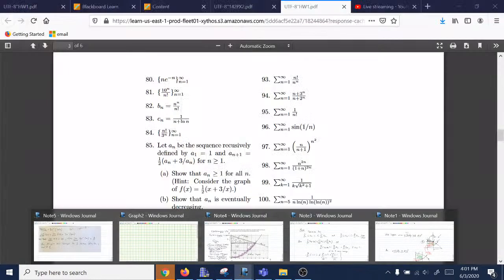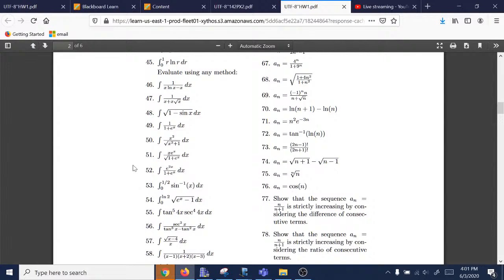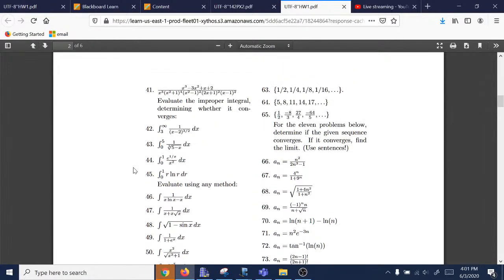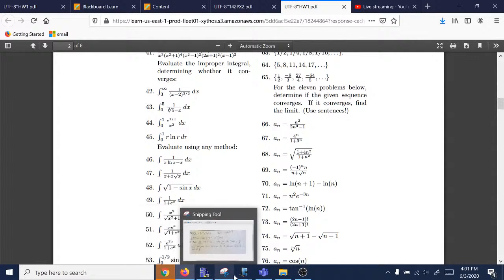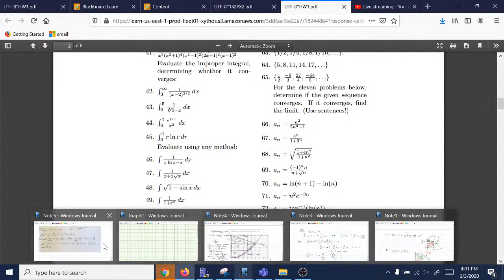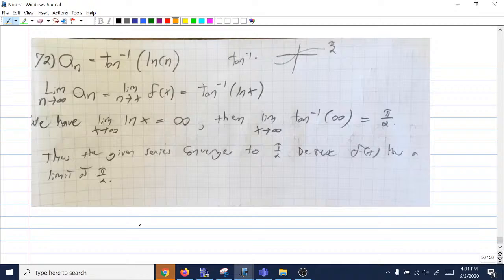This is number 72. Determine if the sequence converges, and if it converges, take the limit. So what do we got? Our sequence is tangent inverse natural log n.